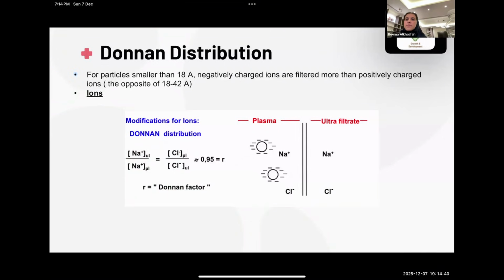Okay, so this number, this 5%, is very small, so it doesn't really affect how much passes through into the ultrafiltrate, but still, plasma proteins have an effect to an extent on the ions that are planning to pass through the membrane, and those are the freely filtered ones that are less than 18.